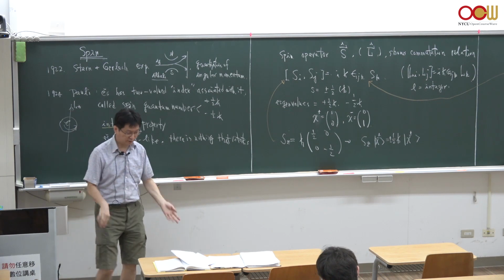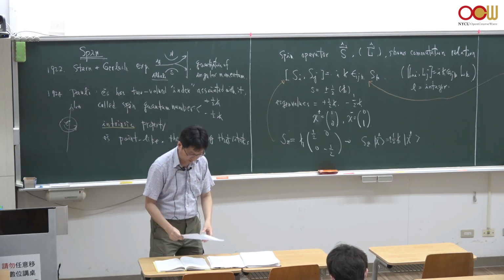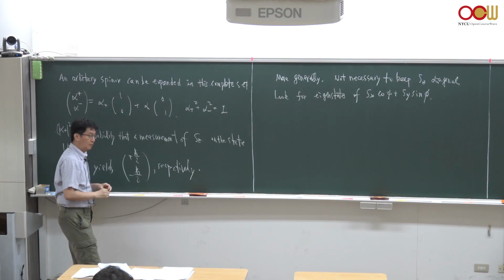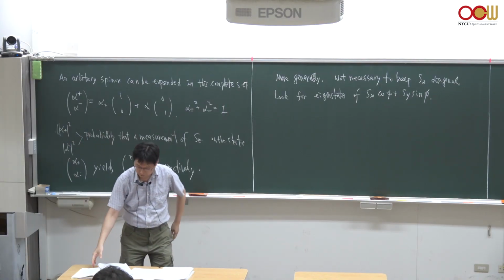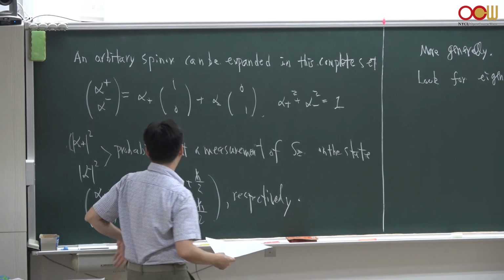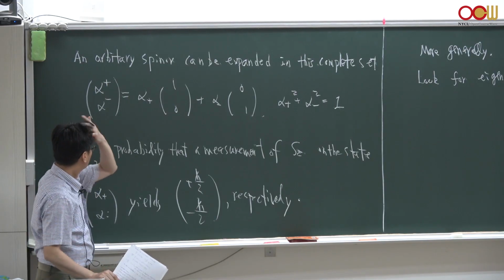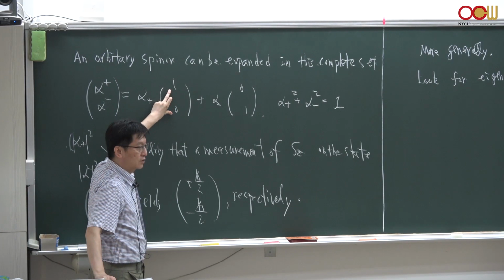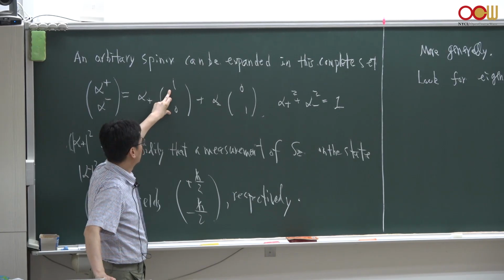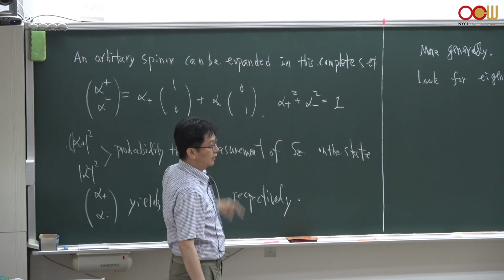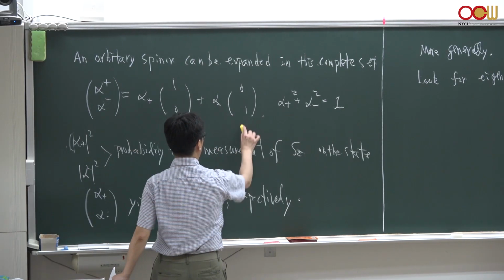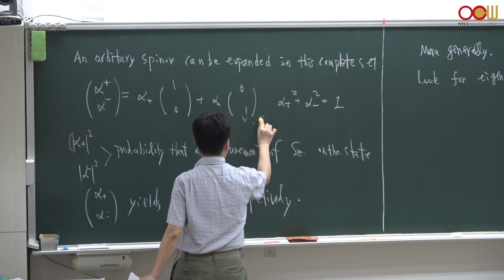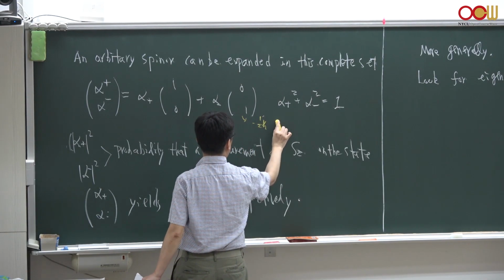When we come back, we will just do this exercise. So let's just talk about the generalized situation in terms of the eigenstates of this Sz. As I mentioned, the spinor 1, 0 state refers to the eigenstate of Sz with plus 1/2 h bar eigenvalue, and the 0, 1 state is the eigenstate for minus 1/2 h bar of Sz.